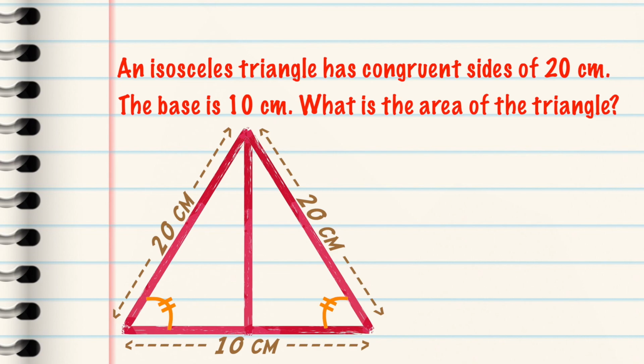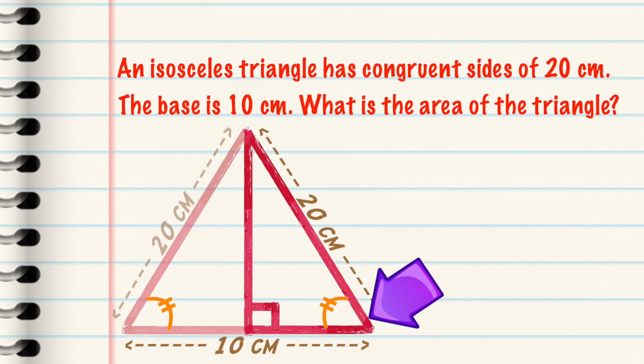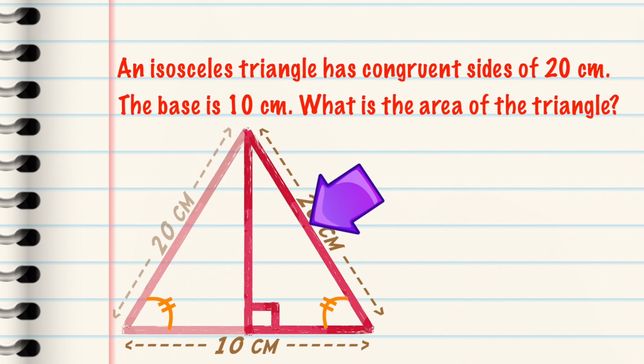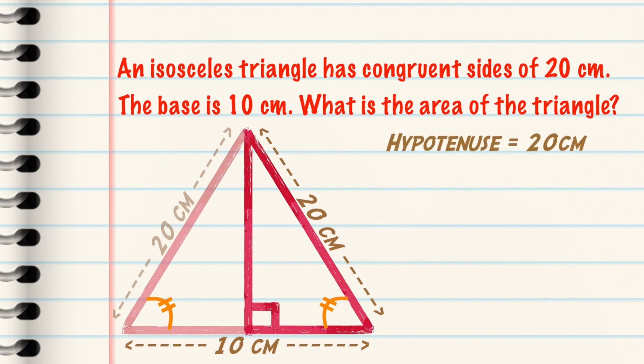We can think of an isosceles triangle as two right-angled triangles put together. This side of the isosceles triangle is just the hypotenuse of the right-angled triangle. We also know that the base of an isosceles triangle is 10 centimeters long.